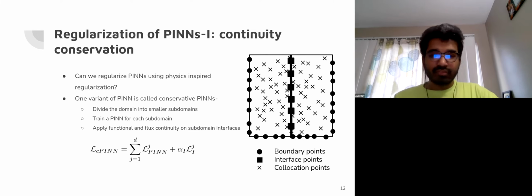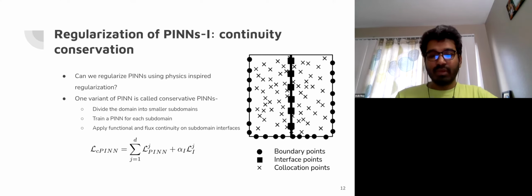If you try to construct the loss function for that, it will look something like this. The C-PINN loss function will have all the independent loss functions for the different PINNs over the subdomains, and an additional loss function that will enforce the flux and functional continuity at the subdomain interfaces.